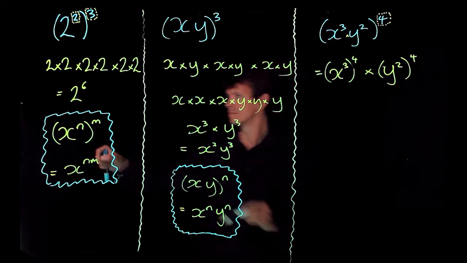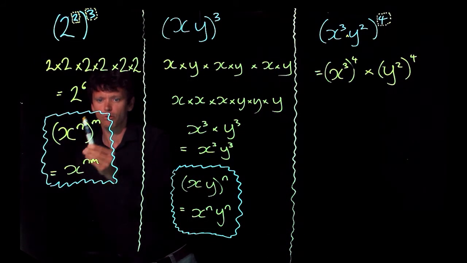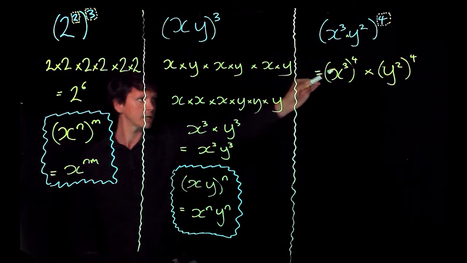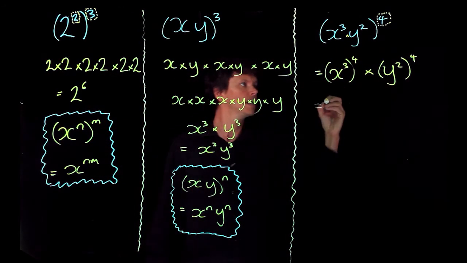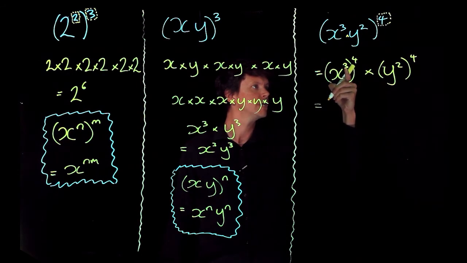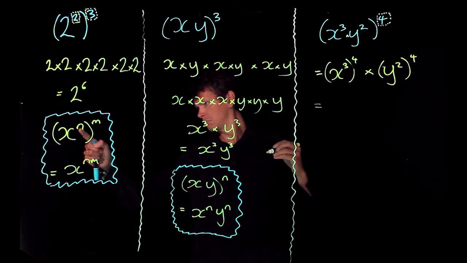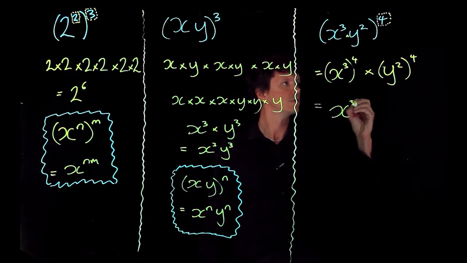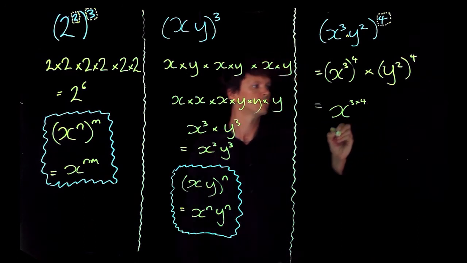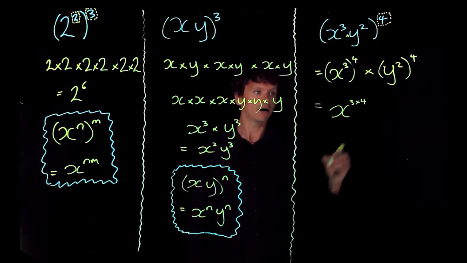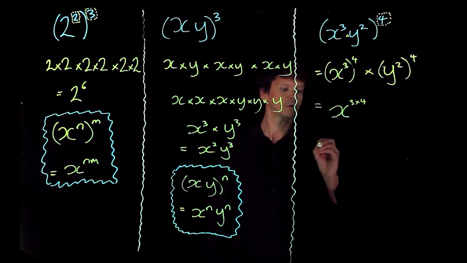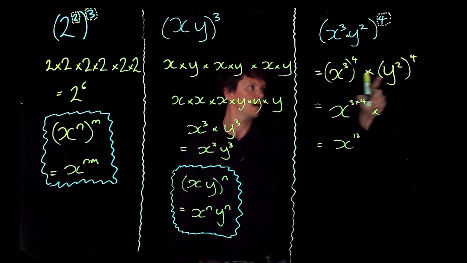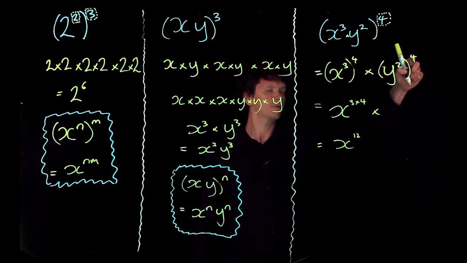Remember this one? x to the n raised to the power of m equals x to the nm. This will help us tidy up over here. x to the power of 3 all to the power of 4 equals x to the power of 3 times 4, or x to the power of 12. Multiply that by y squared all to the power of 4.